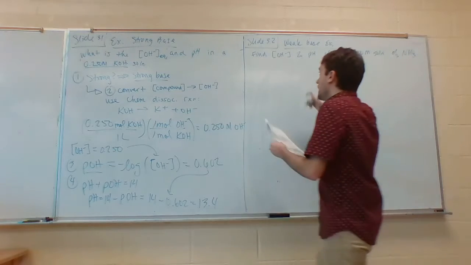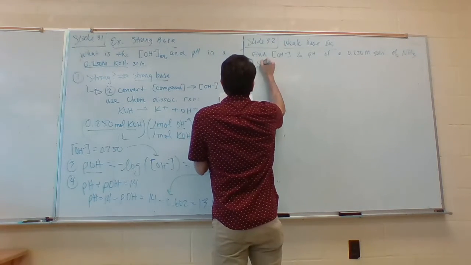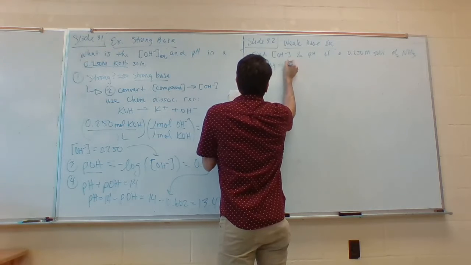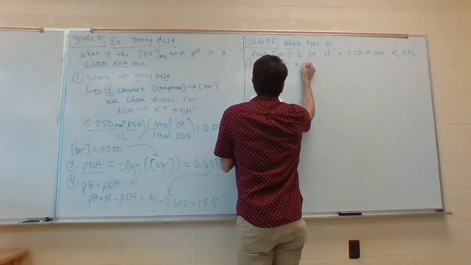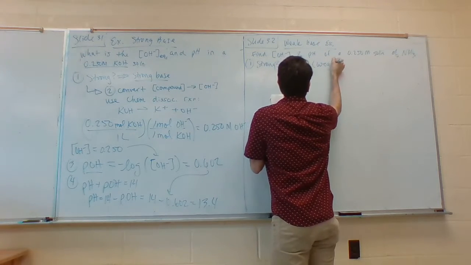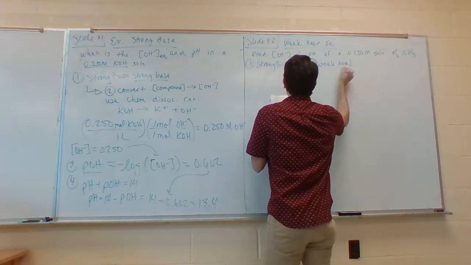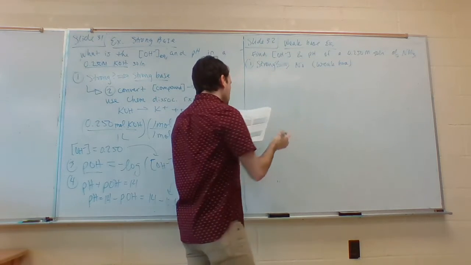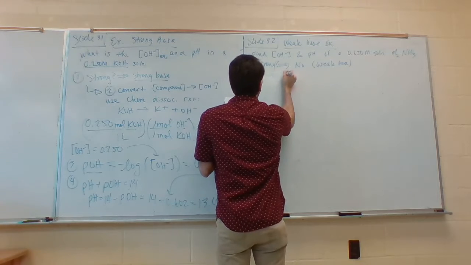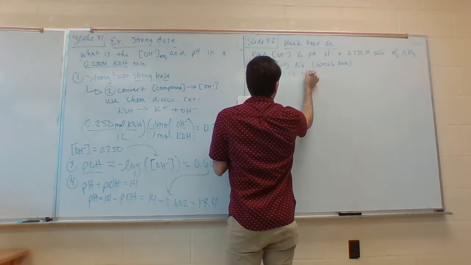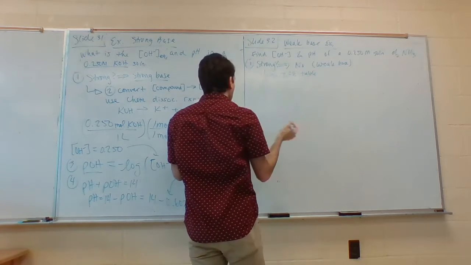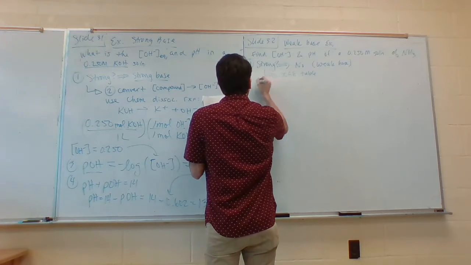All right, now the first question is, is it strong? And the answer is no, it's a weak base. Okay, so if it's a weak base, that means we're going to need an ice table. All right, so let's set up our ice table.